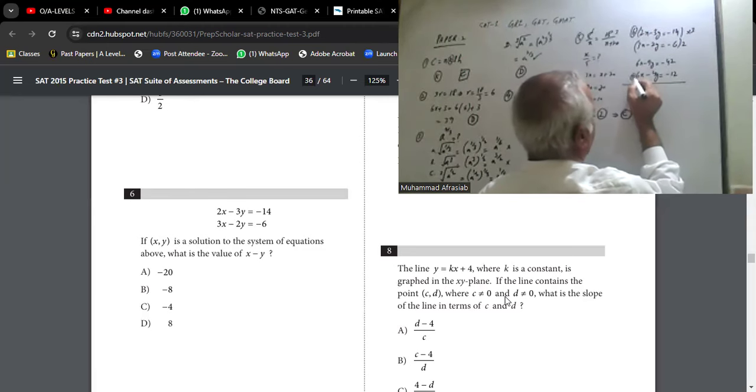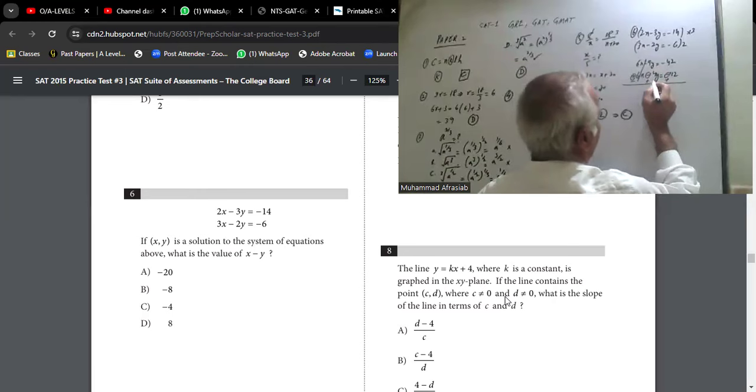So this is plus, it is minus, this is minus, it will be plus. They are going to cancel out. 9y plus 4y is minus 5y, equal to minus 42 plus 12, minus 30. So y value is equal to 6.